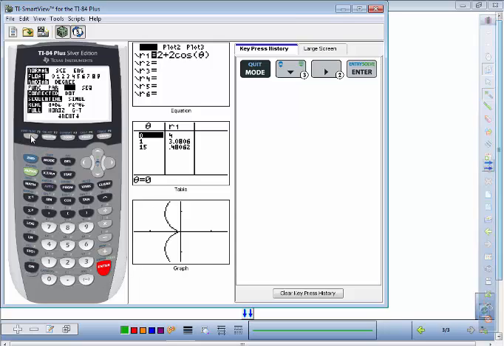And then if you press Y equals, you should see that now you have an R list instead of a Y list or an XT, YT list. Now you have an R list, a list of possible R values. We did the sine function by hand. Let's take a look at what the cosine function is going to look like.